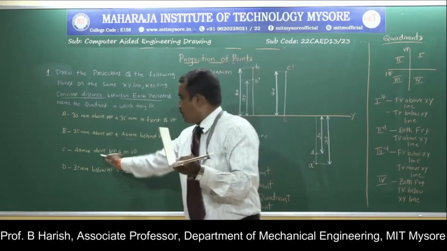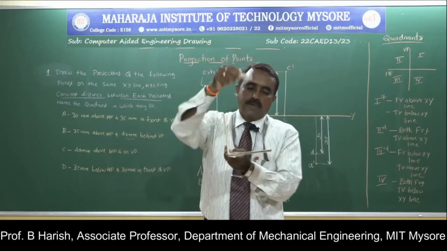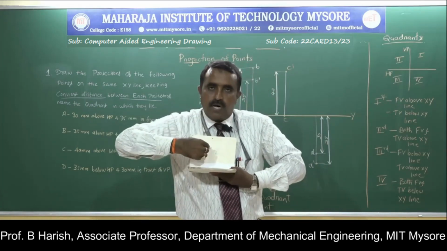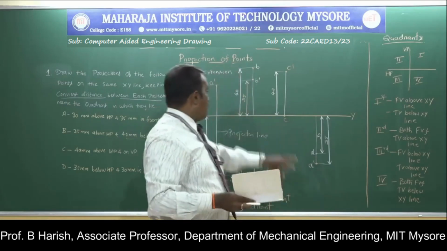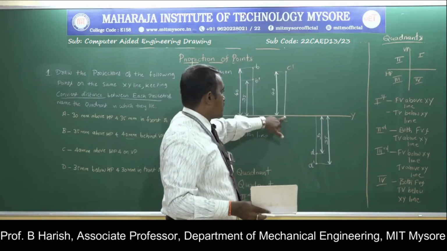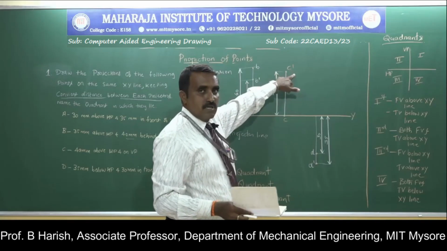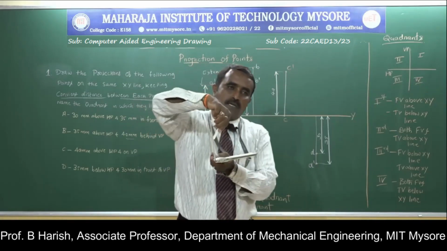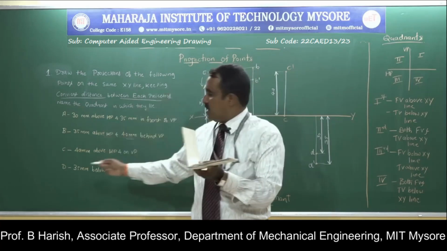It says 40 mm above HP. If you are the observer, this 40 will correspond to the front view. For the front view, you measure a distance of 40 mm from the XY line. So this is C dash because it is the front view. The other point is on VP, as given in the problem.